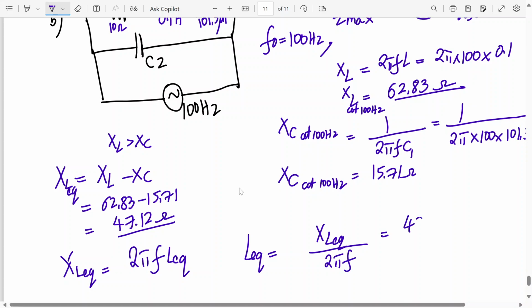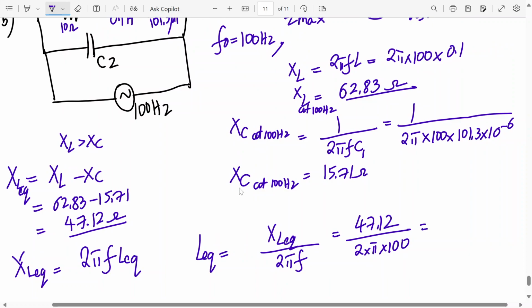So that is 47.12 divided by 2 into pi into 100. How much is this? L equivalent, can you tell me? This much?